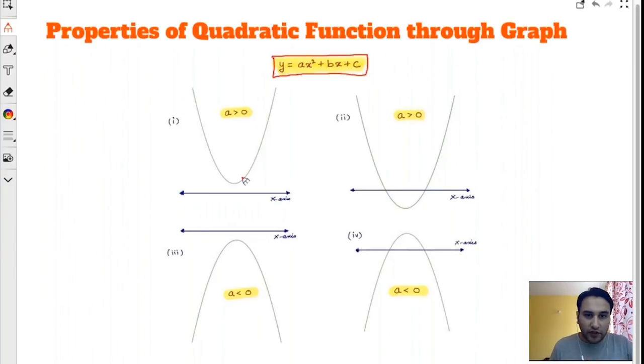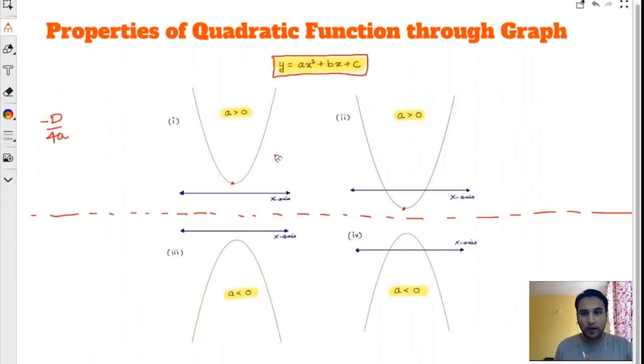Now, if you look at the y-coordinate of the vertex, what is the y-coordinate of vertex? Minus d by 4a. Now, in this particular case, I'm talking about the case where a is positive.